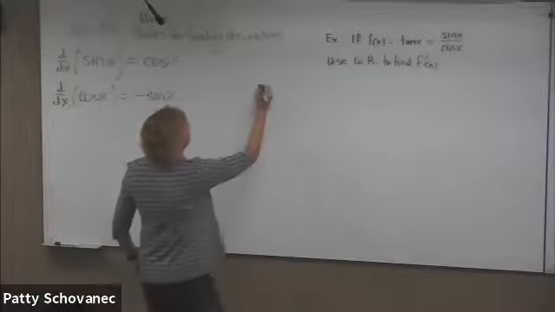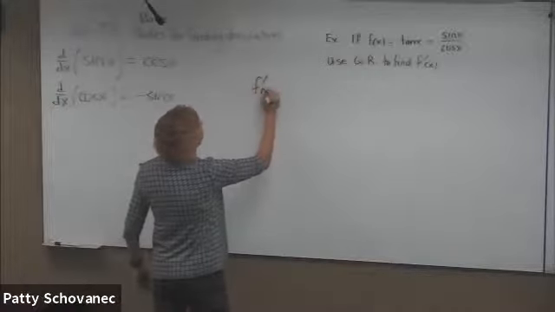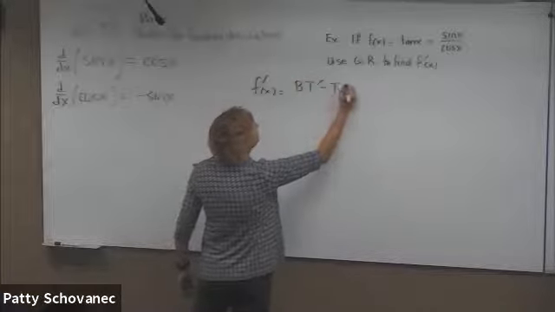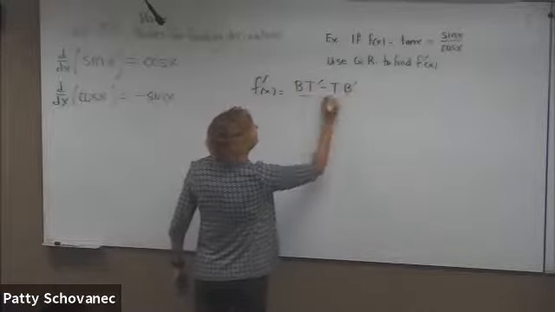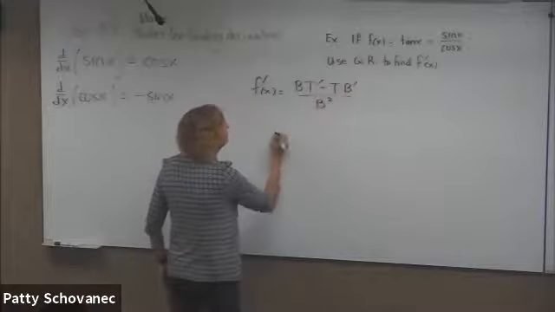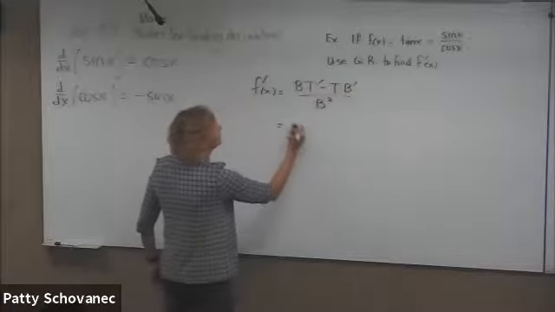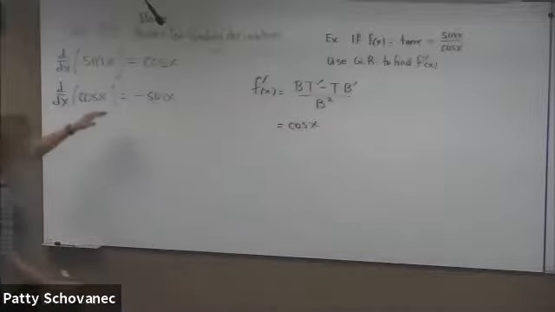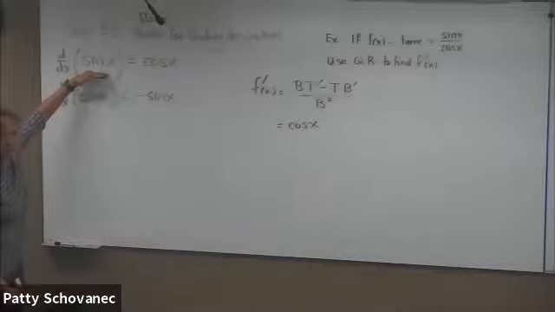All right, so here we go. What's the quotient rule? The bottom times the derivative of the top minus the top times the derivative of the bottom, over the bottom squared. So the bottom is cosine of x. The derivative of the sine of x is cosine of x.